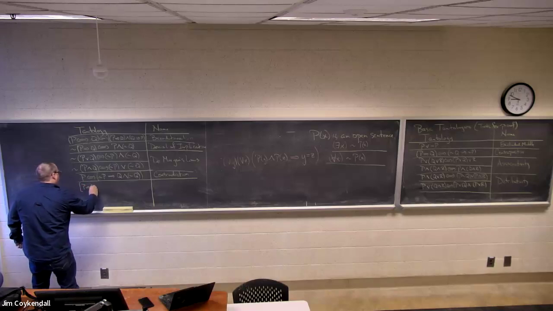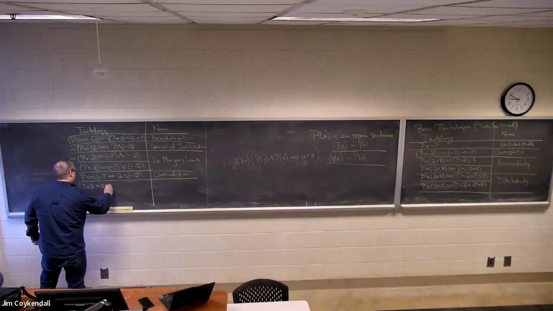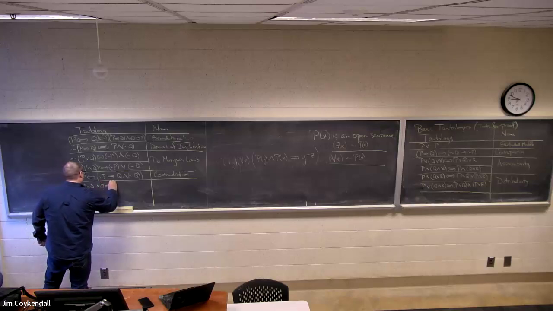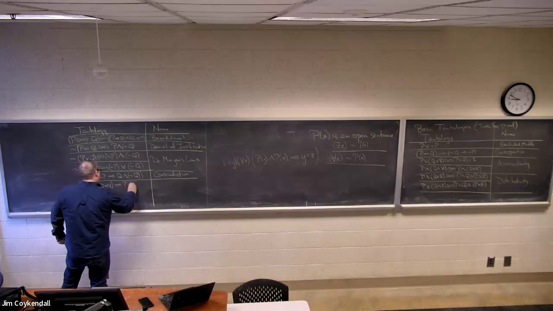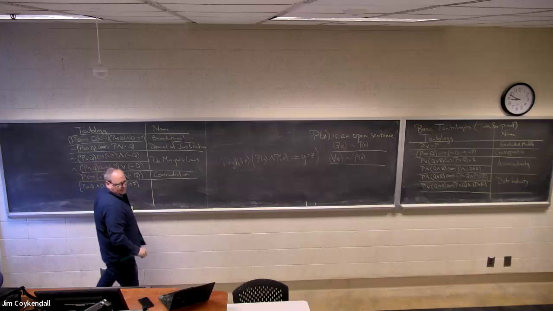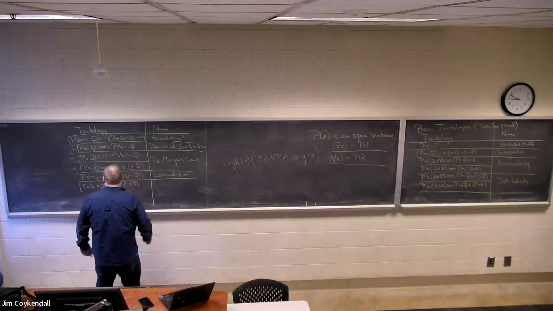P implies Q and Q implies R implies P implies R. This is called transitivity.